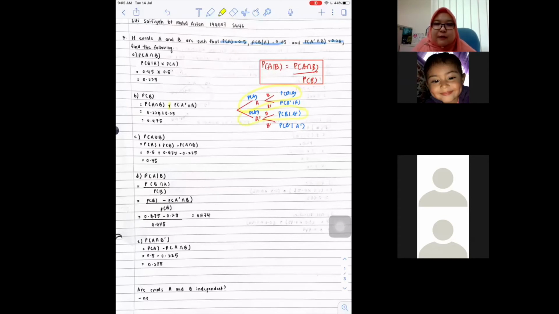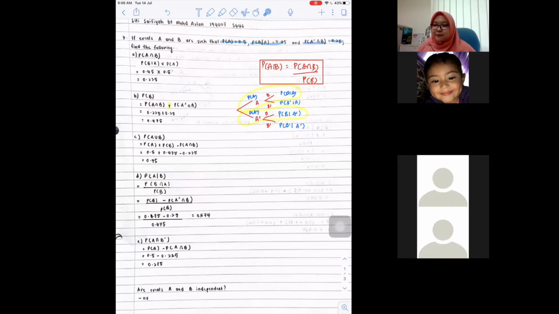Okay, I hope you remember this. I hope you can understand this from the video I've shown you. Okay, law of total probability. If you don't want to write the formula, just draw this tree diagram and then look at the combination of B and the event before it. Multiply and then add them up.